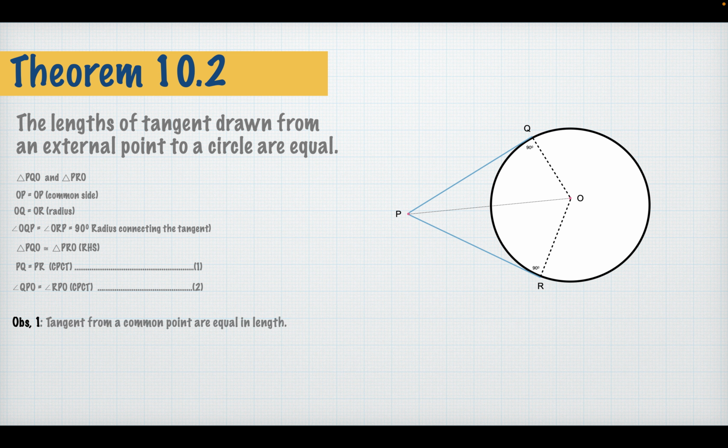First observation is the tangents from a common point outside the circle are equal in length. And second observation is that a line connecting the center of the circle and the tangent bisects the angle that the tangents make at the point outside the circle. That means the angle QPR is going to be bisected by the line OP. That's what the theorem says.